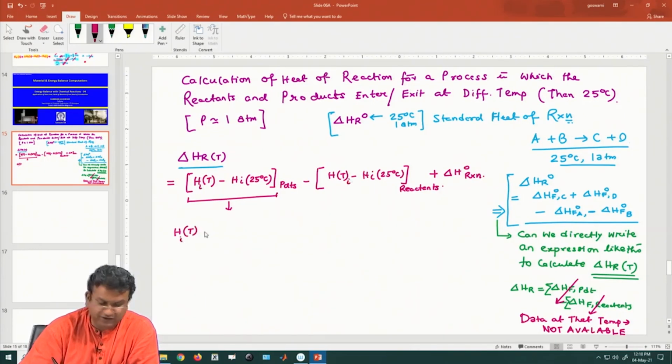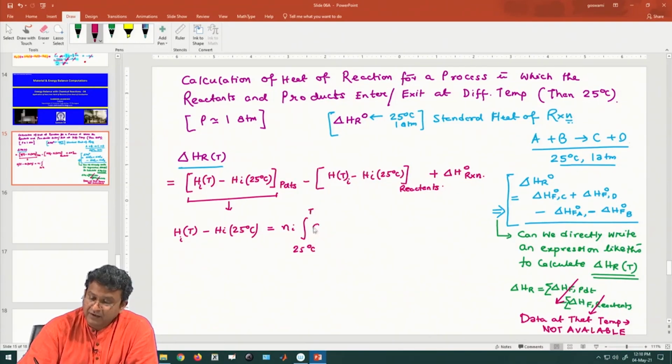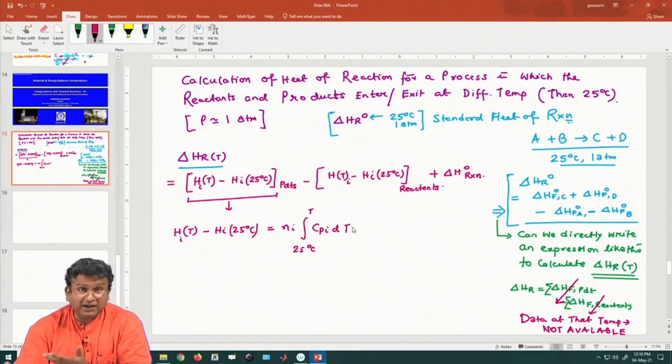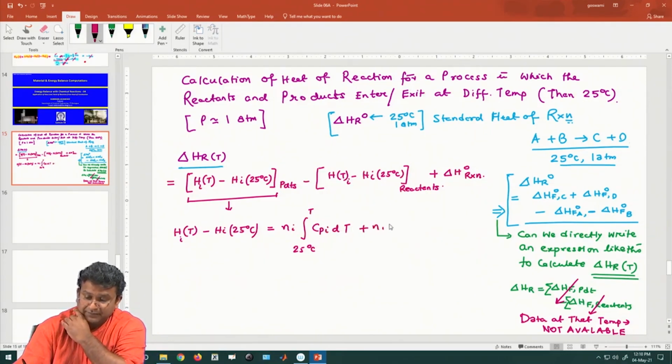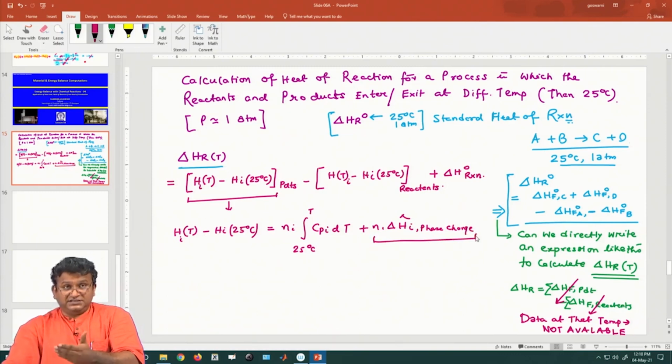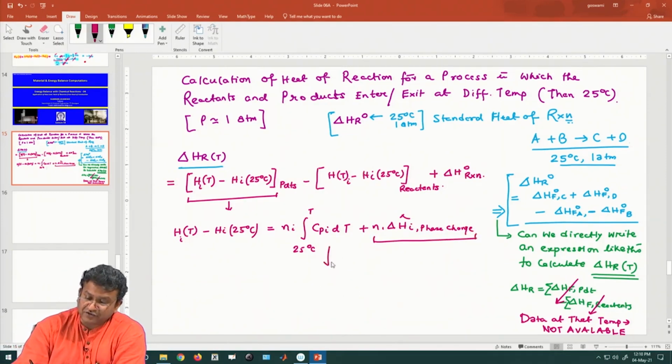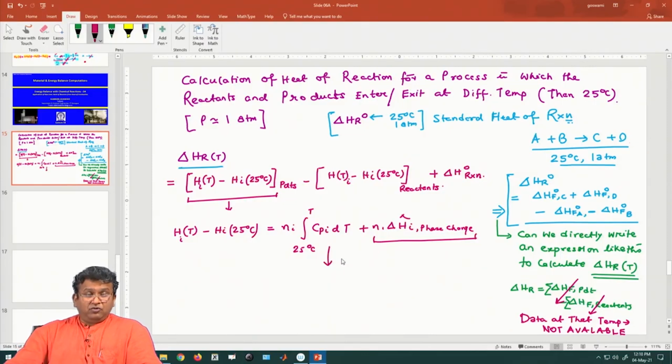So, HiT minus Hi at 25 degree centigrade is nothing but the number of moles present times the integral from 25 degree centigrade, or 298 Kelvin, depending on whether you have absolute temperature, of Cp i dT, plus, if there are any phase changes. If there is some phase change associated, then even this term might get more complicated.